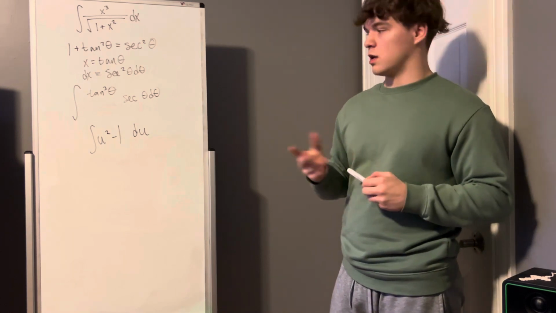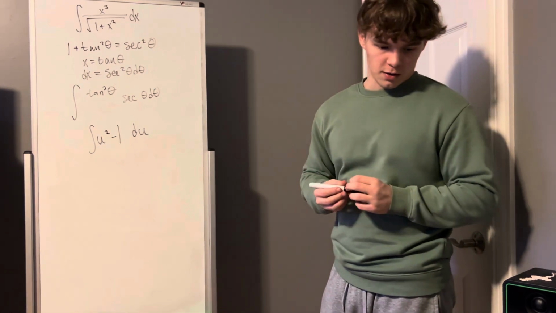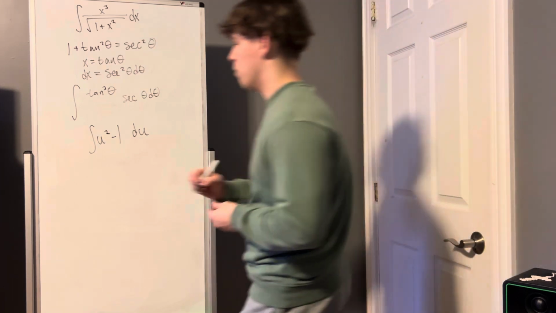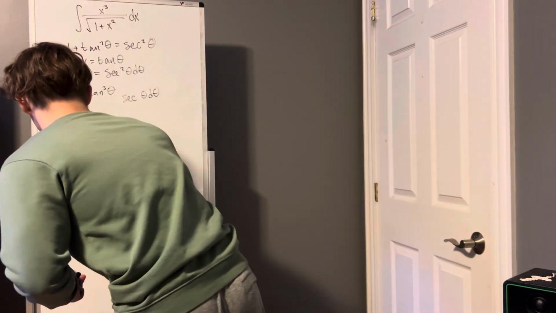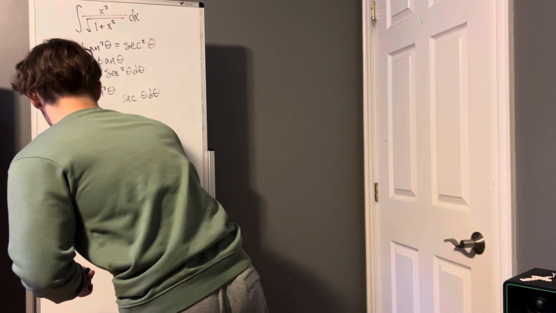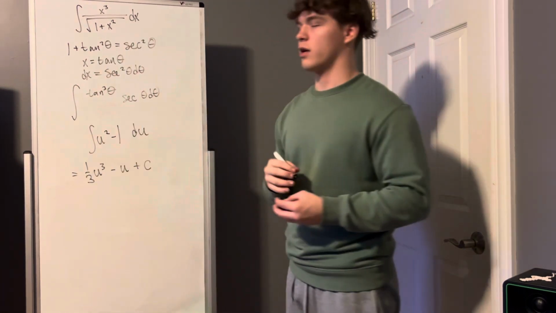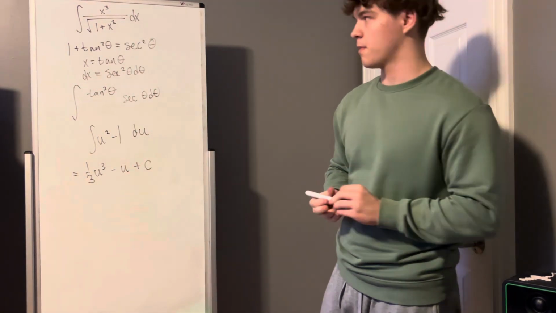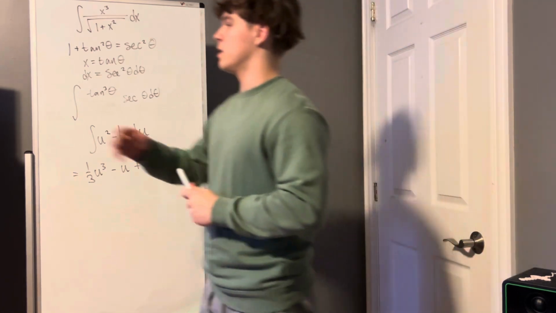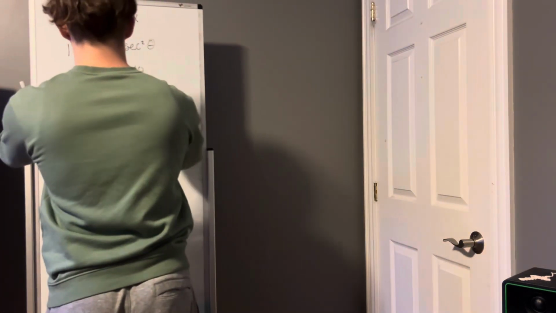So this integral will simply solve to become 1 over 3 u cubed minus u plus c. Very easy polynomial integral.